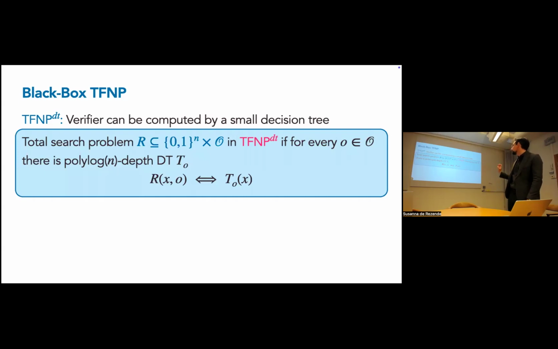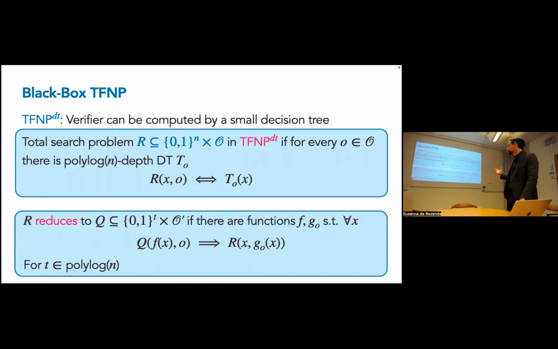In particular, a search problem is in black box TFNP if for every potential output, where {0,1}^n is the input and O is a set of potential outputs, we want a decision tree of polylogarithmic depth for each solution, such that O is a valid solution to the problem on input X if and only if the decision tree on input X for O outputs 1. So basically just saying our verifier can be computed by a low depth decision tree.